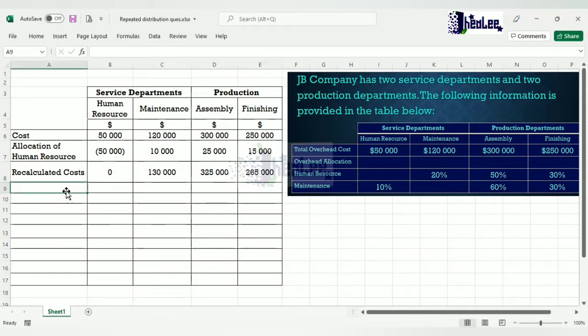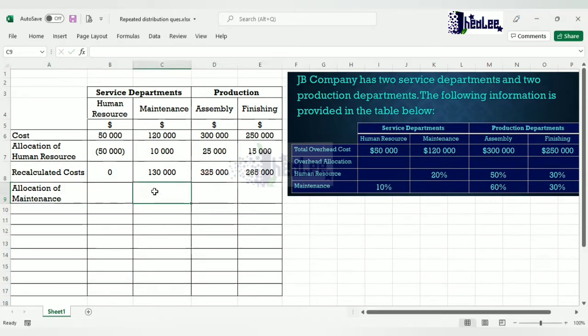Let's move into the second step, and we're going to do the allocation of the maintenance department. Now, the maintenance has a cost of 130,000 in it.